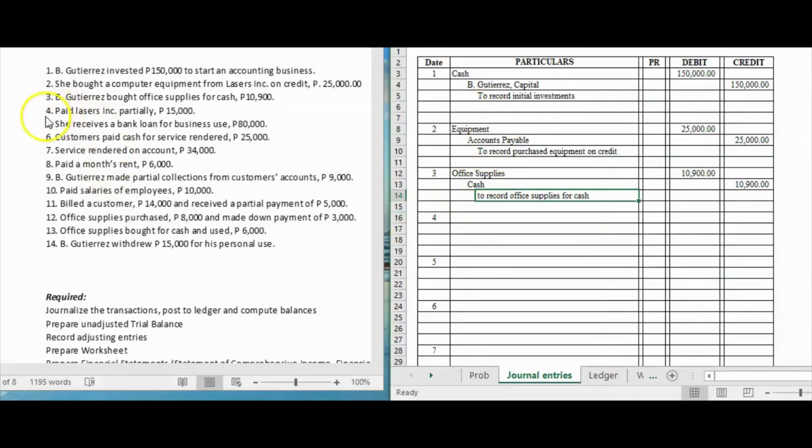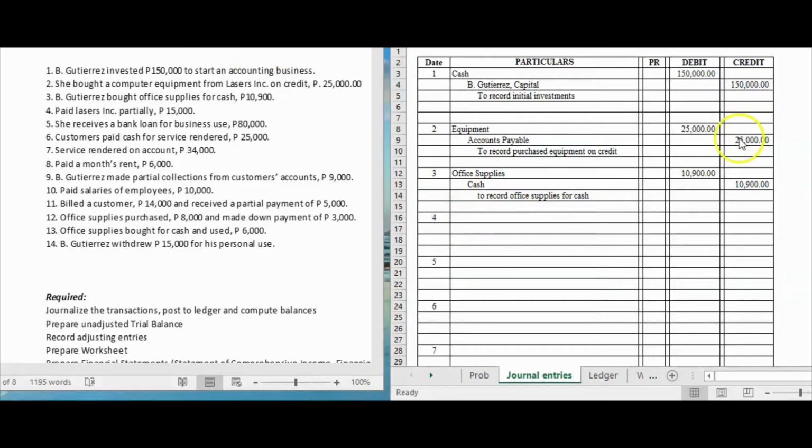Next, we move on to the fourth transaction. Paid Lasers Incorporation partially 15,000. Nagbayad ka kay Lasers kasi umutang ka sa kanya ng 25,000 na equipment. You paid partially. Instead of 25,000, you just paid 15,000.